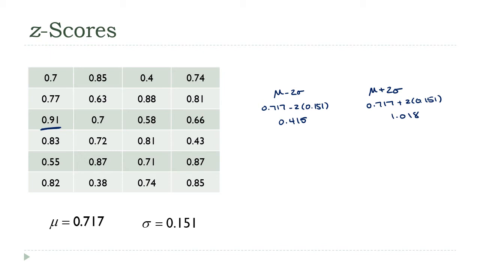Now, how about on the lower end? Do I have any numbers that are less than 0.415? And in this case, I do. I've got 0.4 here. That is less than my lower limit, so I would consider that to be an outlier using my 2 standard deviation rule.